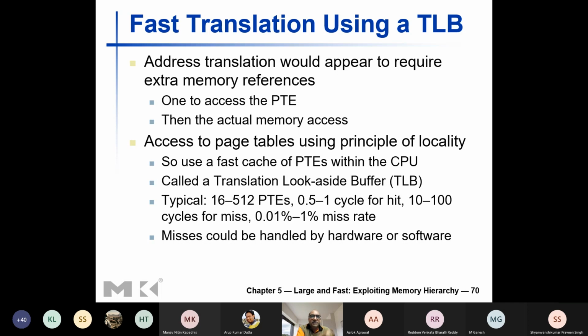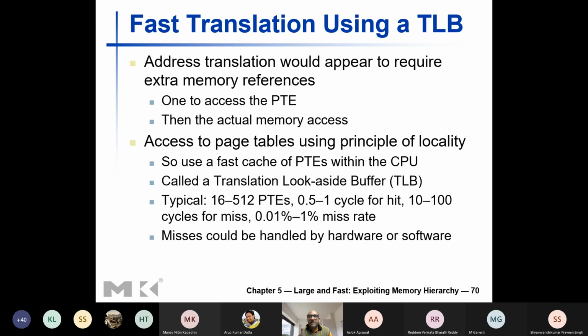So whenever the CPU generates a virtual address, first it will check the cache, because the cache maintains the recently used virtual-to-physical address mappings. If that particular translation is available in the cache, it directly makes use of it and generates the physical address.